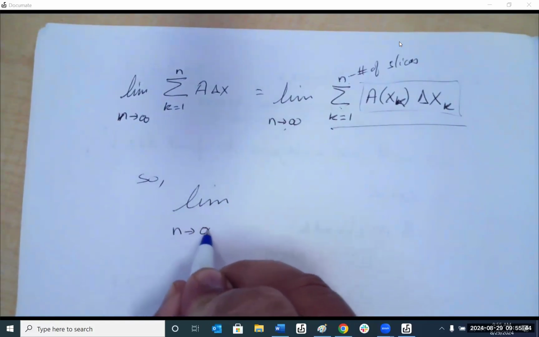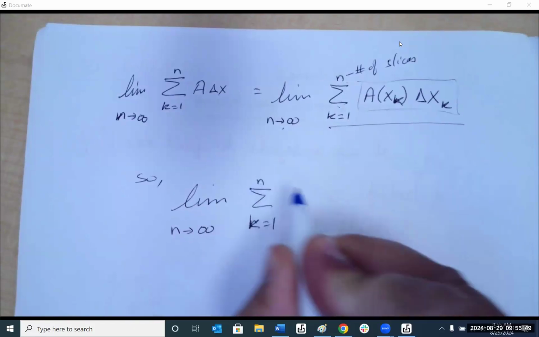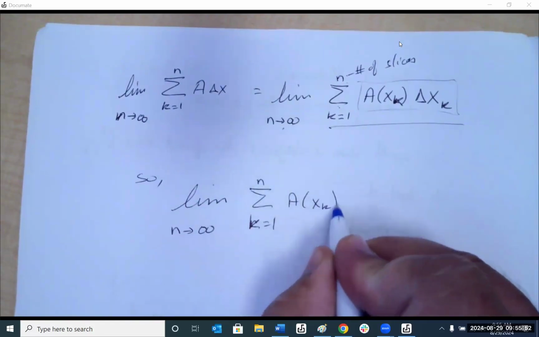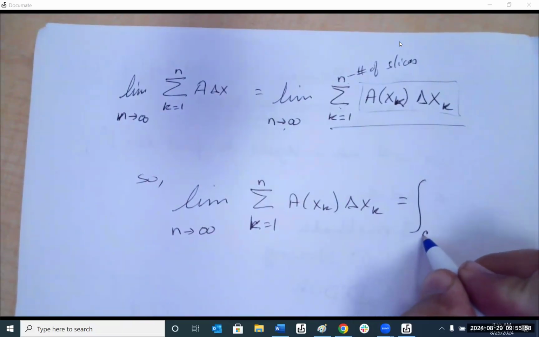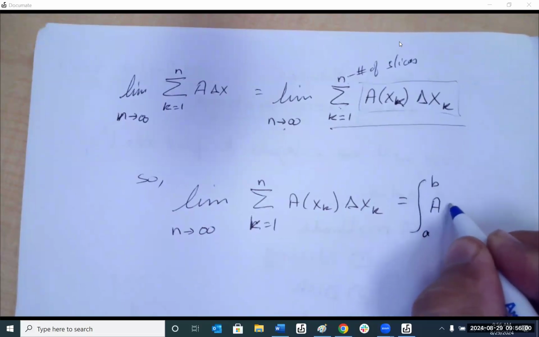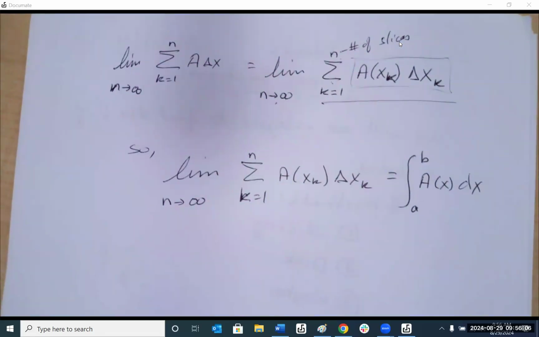So the limit of our function is going to equal our integral. And that's how we ended Calculus 1, talking about this kind of connection.